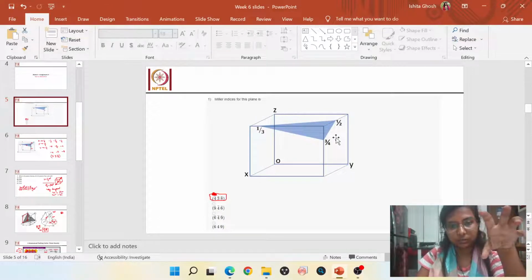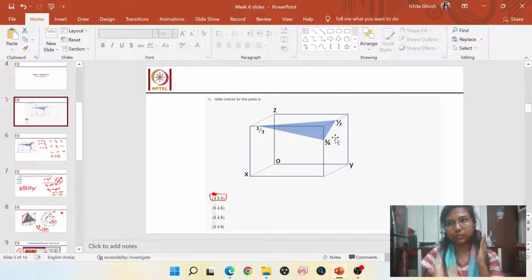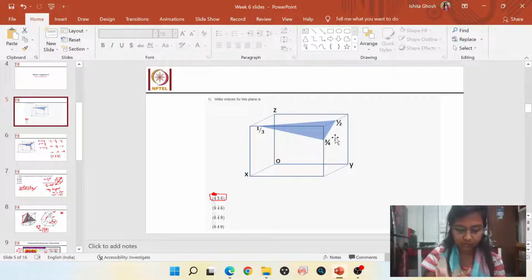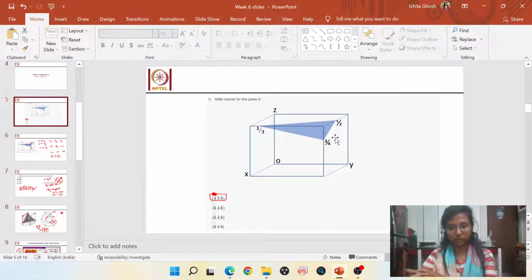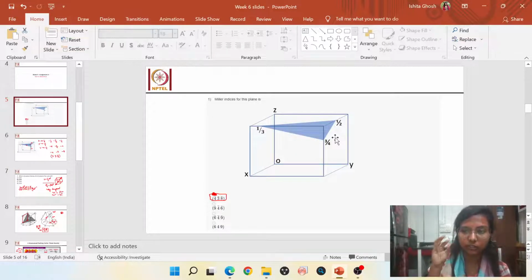Here the intercepts were given and we were deriving the Miller indices, but there can also be a question, as in the previous assignment, where the Miller indices were given and you have to find out the intercepts. This is the reverse process, where you have to go back and work out the respective intercepts on the x, y and z axis. So these two are different.